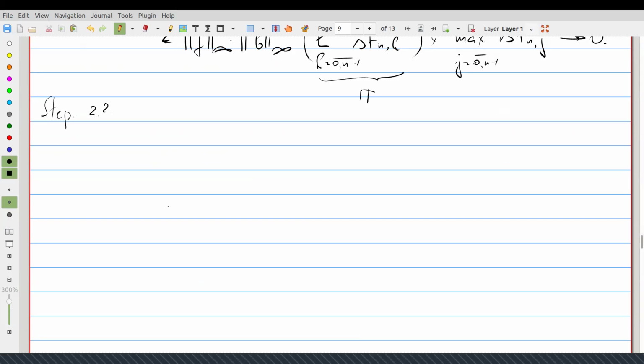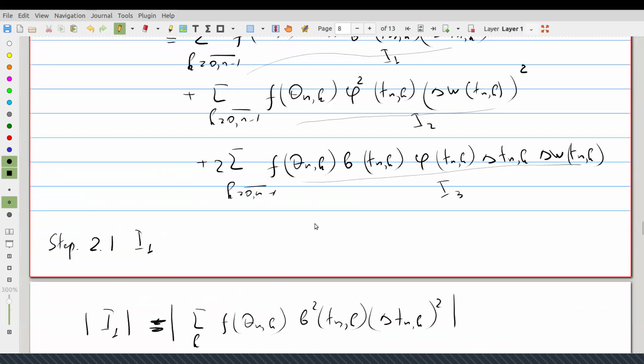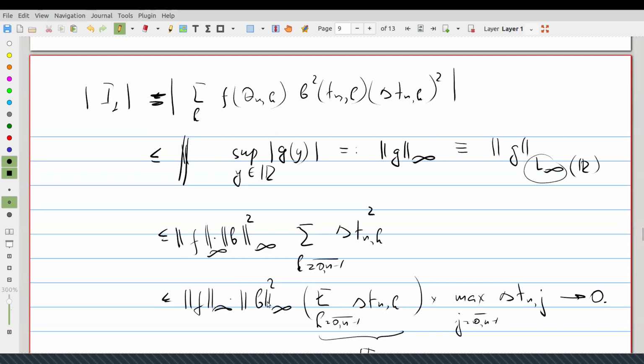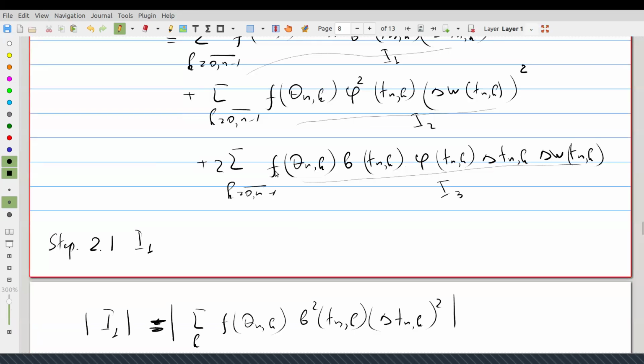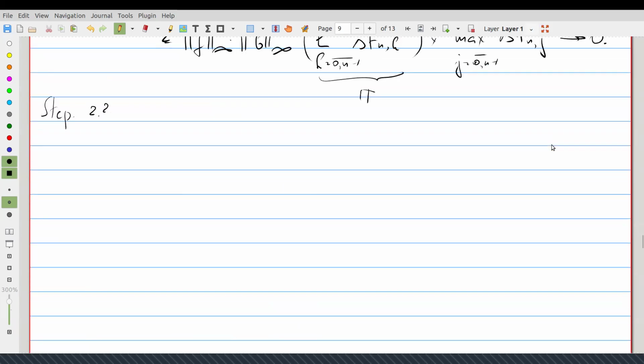Now let's consider this cross term, I3. So this is f times b times phi, delta t n k delta w t n k. So for I3, proceeding exactly as in the previous part, we have b infinity, phi infinity, sum over k of delta t n k.